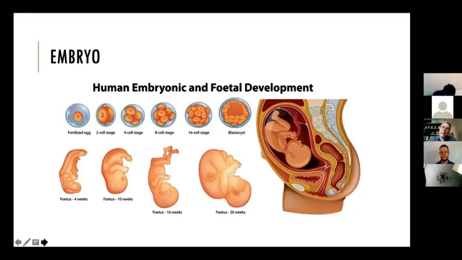These are living cells. But we have a lot of different views as to when this embryo acquires personhood. Is it when life starts? Is it when the brain is formed? Is it when there's self-consciousness? And so on. So there are many different views on this.